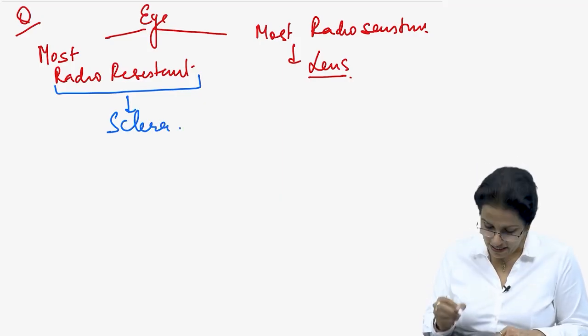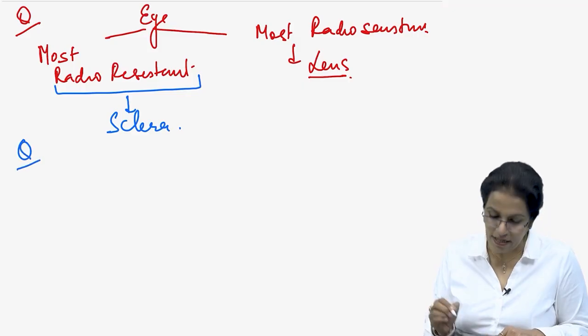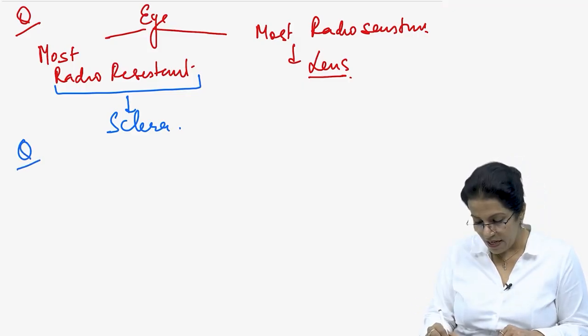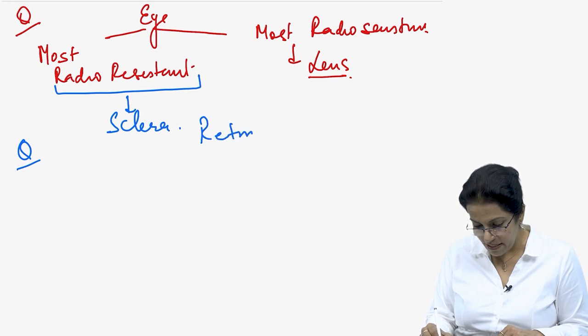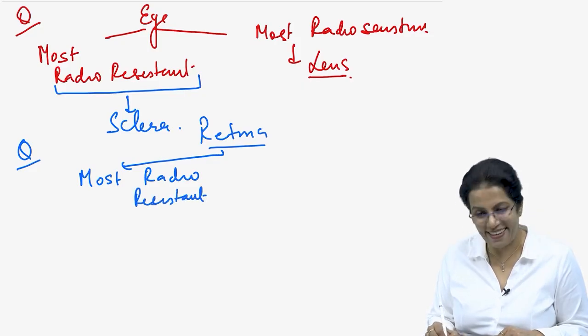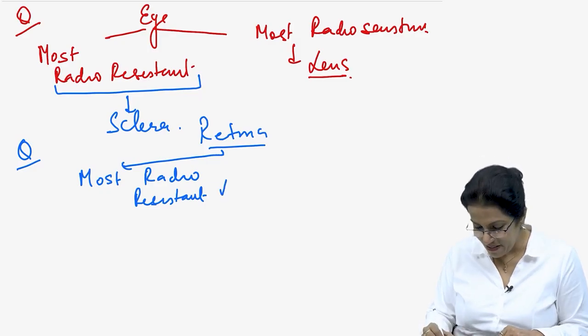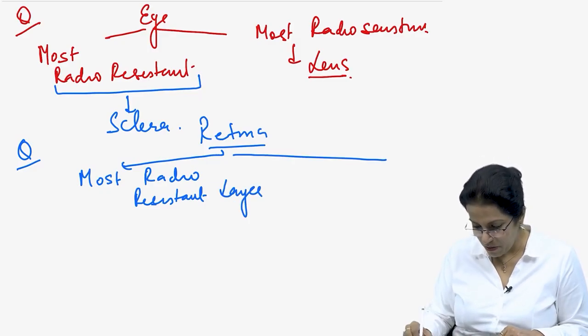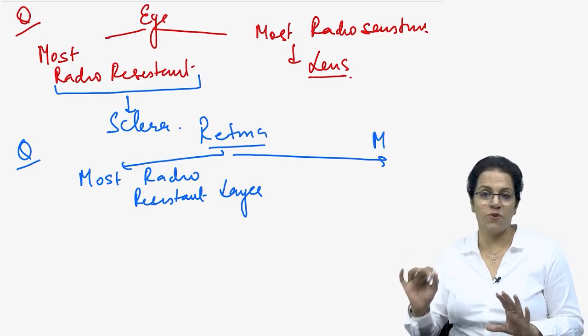Okay. They've also asked you for retina. I can discuss in the retina chapter, but because I'm remembering it, let me discuss here as well. So they've asked you for the retina, what is the most radio-resistant and most radio-sensitive layer? We are talking about layers of the retina here. There are 10 layers of the retina, you remember that.